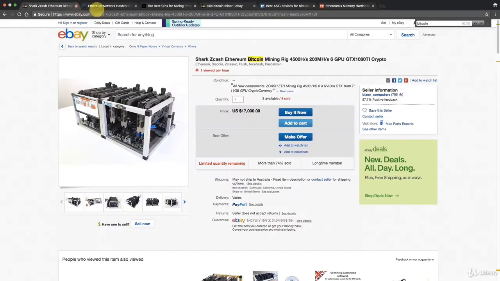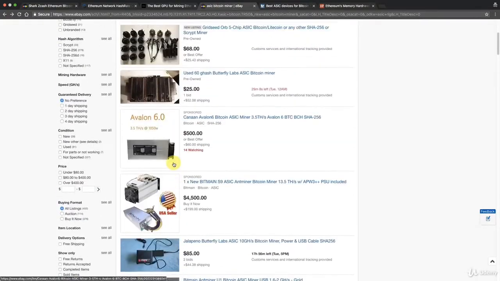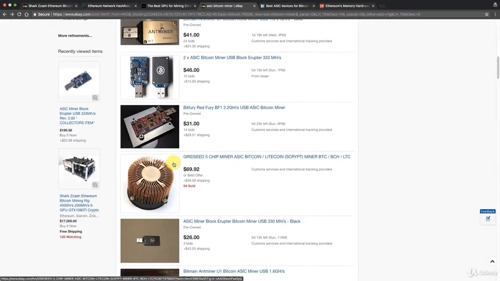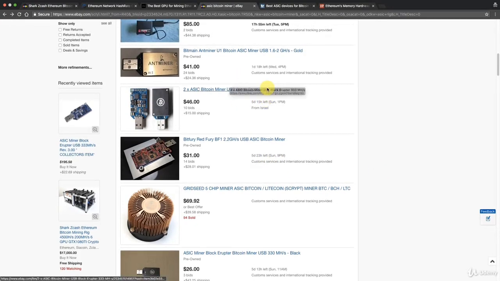But if you don't know that, you compare this with 6 GPUs. Nevertheless, even if you take an old type of GPU that was used to solve the hash puzzle on Bitcoin, this is insane. 333 mega hashes.